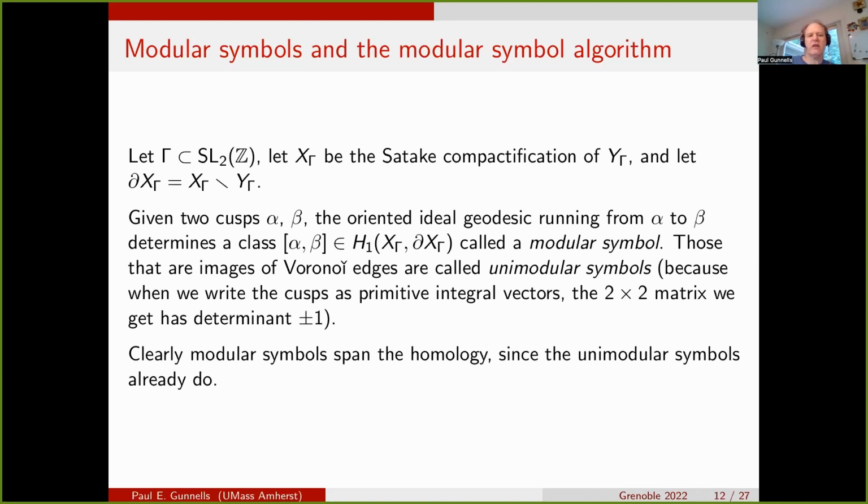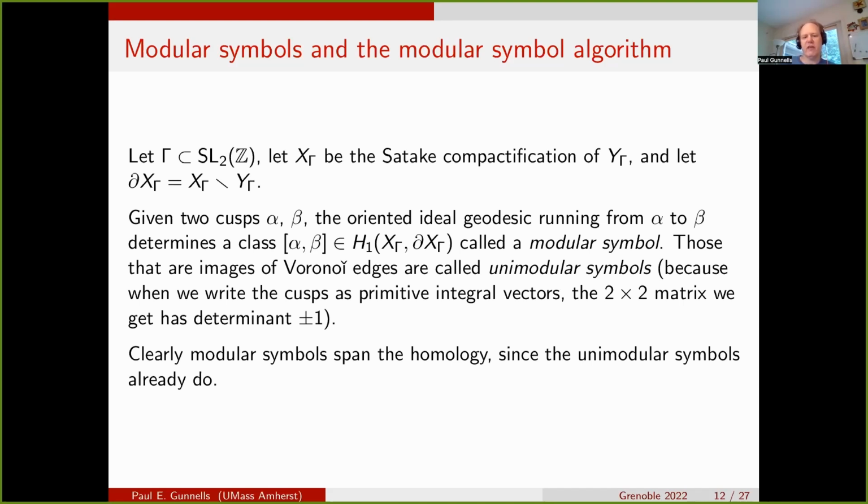Because you started at 2 cusps in the upper half plane, that geodesic, when you push it down, is going to give you a geodesic that winds around this surface X_Γ, but it starts and stops at a cusp. It may not be the same cusp, that's okay. It starts in one cusp and ends in a potentially different one. But in any case, it determines a relative class. It determines a class in relative homology, H_1, of that topological surface relative to these cusps.